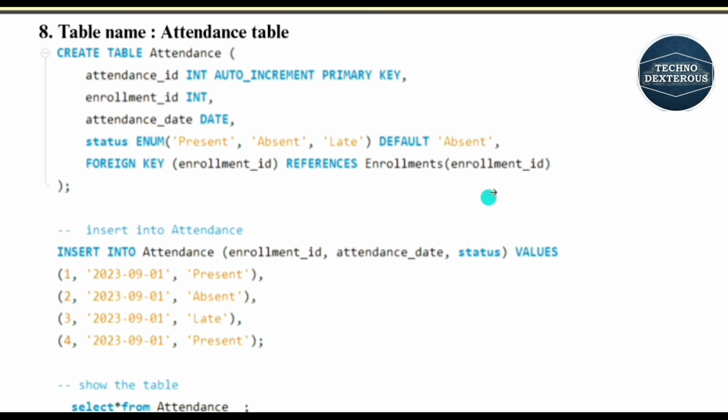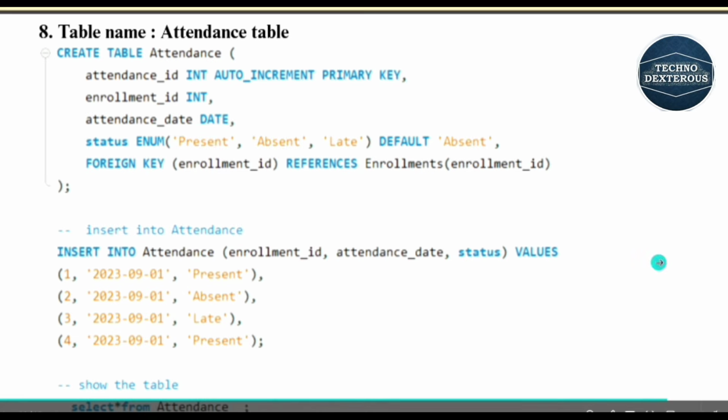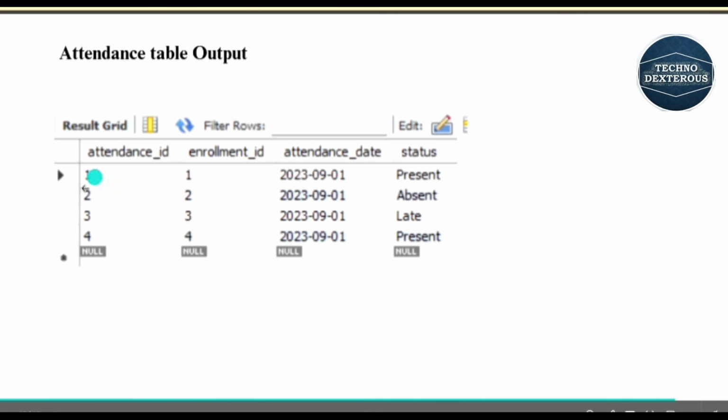Foreign key: here we use the enrollment ID, which is a reference from the enrollment table. Insert into attendance table. Here we are inserting the values of our attendance table, which is one, date, then present or absent. Here we can easily see the attendance table.